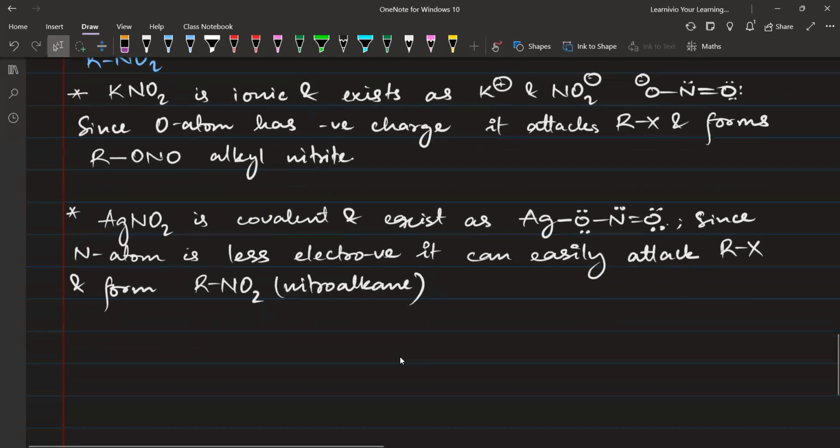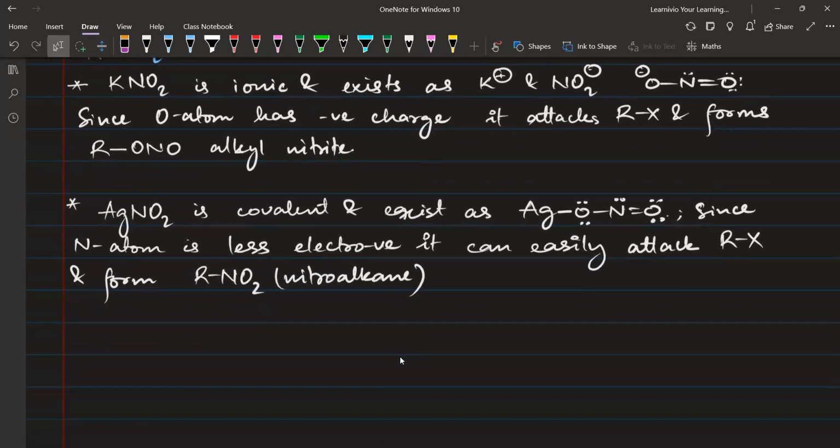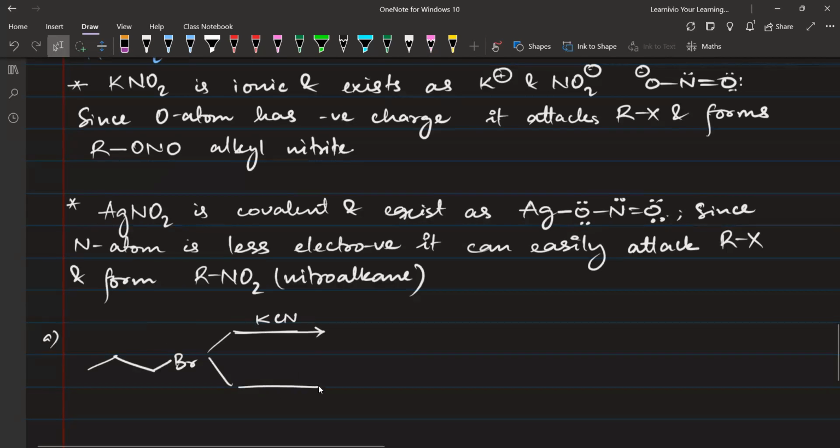Now you can lower your script, let me know once you're done. Give the answers of the four reactions again. One is with KCN, the other one is with AgCN.